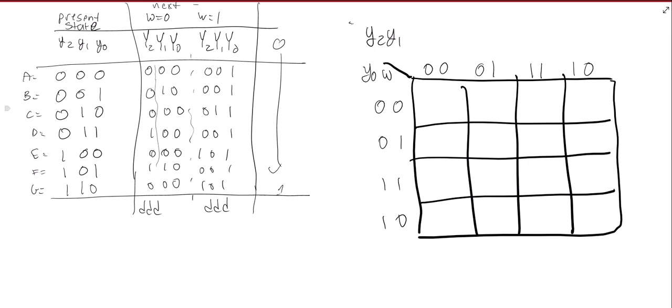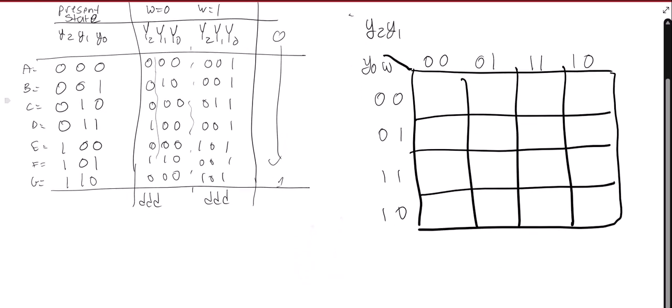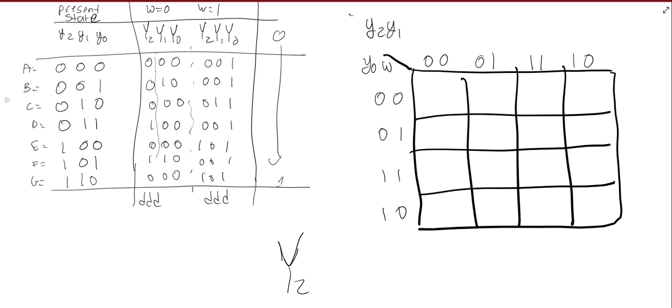Did I say which one I was doing? I'll do capital Y2. And I'll start with when W is 0. So W is 0 in this top row and the bottom row. I'm just going to look at the ones that have 1s.